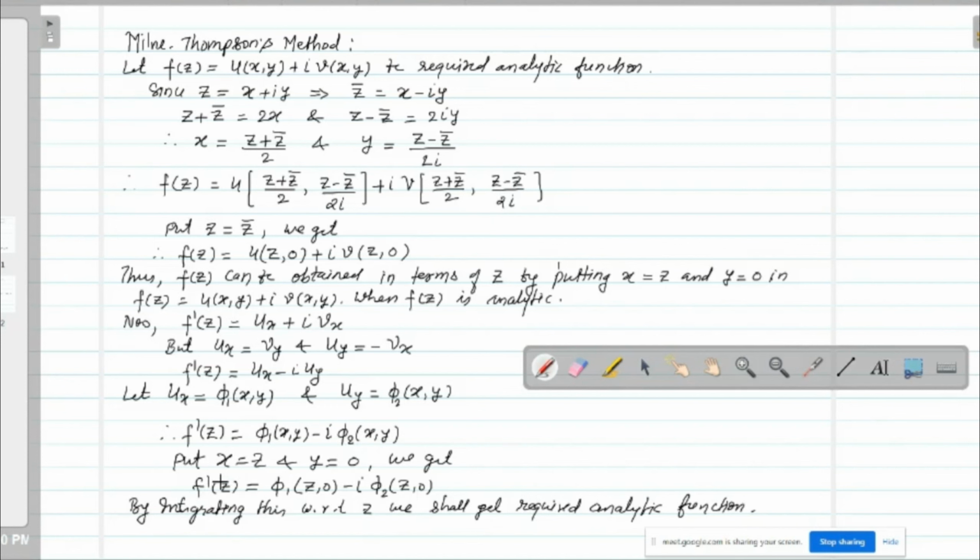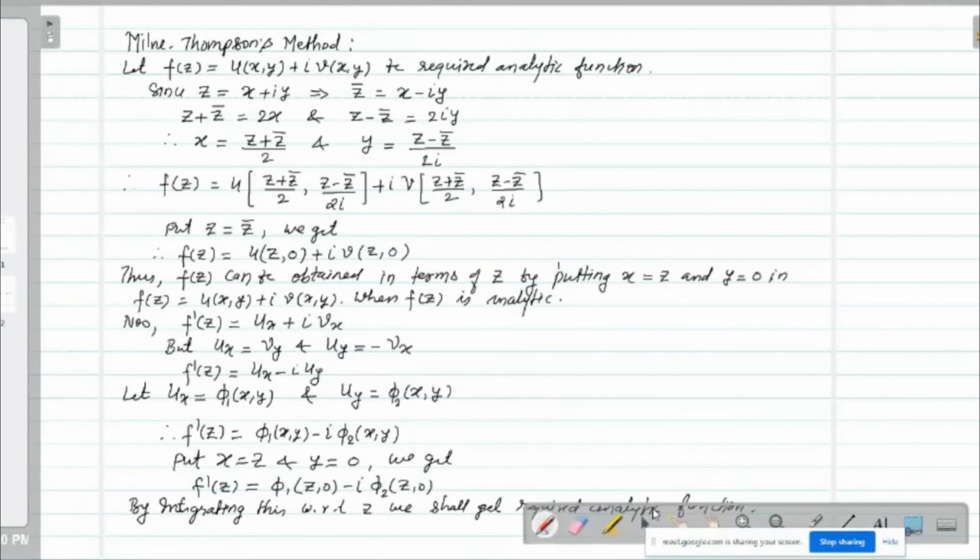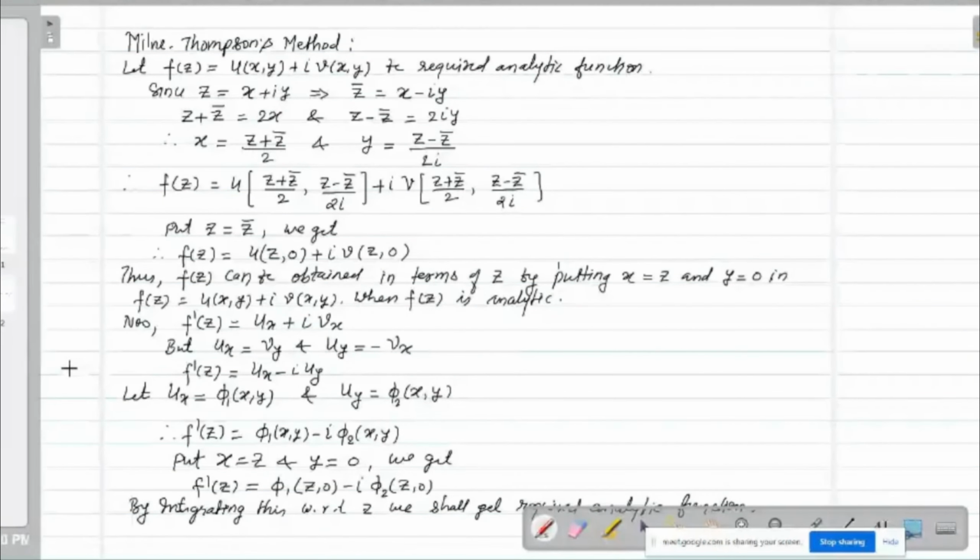By integrating this function, you will get the required analytic function when the imaginary part is given to you. This is case one. Now go to case number two.